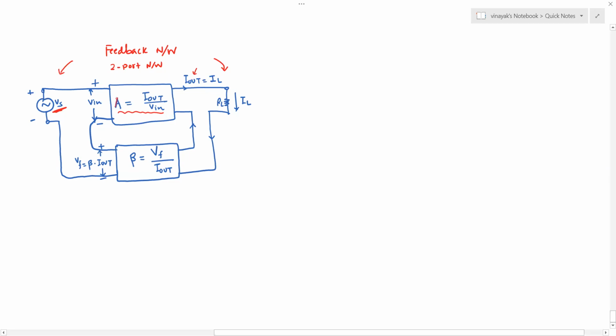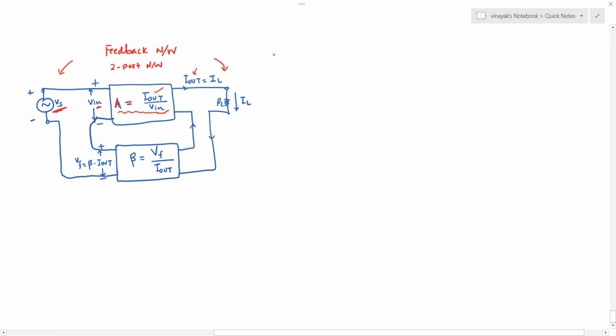Therefore, the gain of this block is called as A equals to output divided by input, which is the output current divided by input voltage. Okay, so input voltage is V in. We'll see how the V is becoming V in a moment.